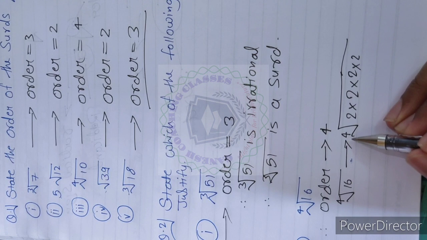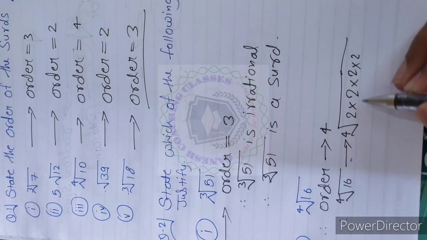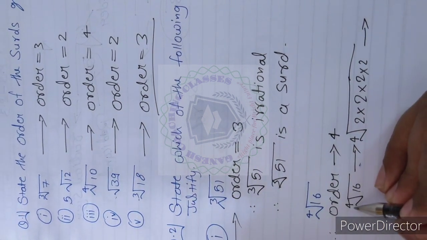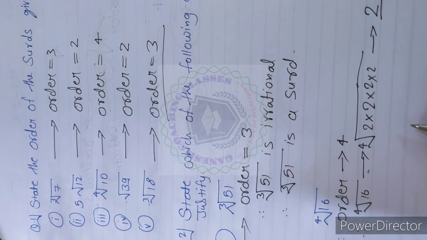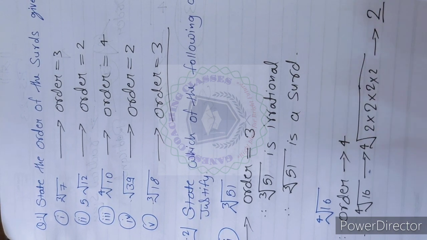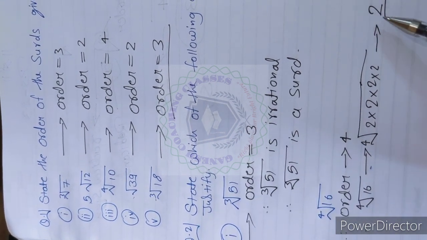And our order is also 4. So we will write these four 2s one time. So we got the value of the 4th root of 16, that is 2. So we know that 2 is a natural number, meaning in the case of rational or irrational, this is rational.